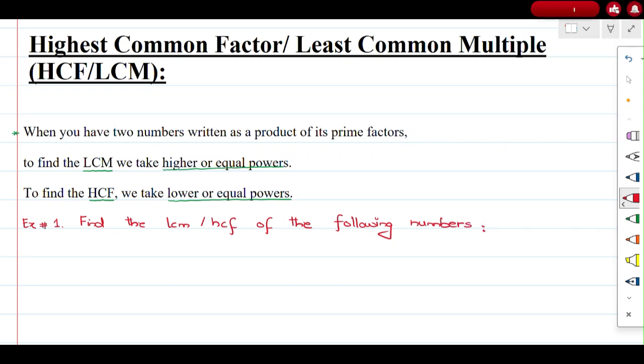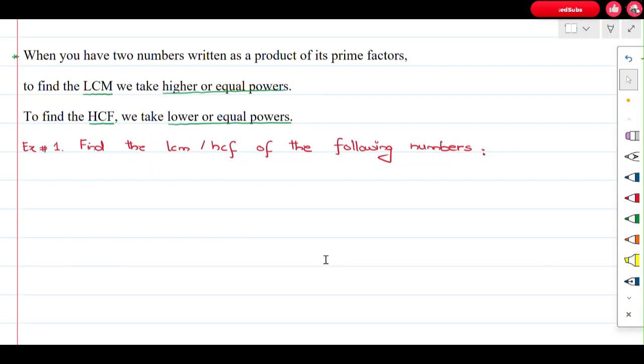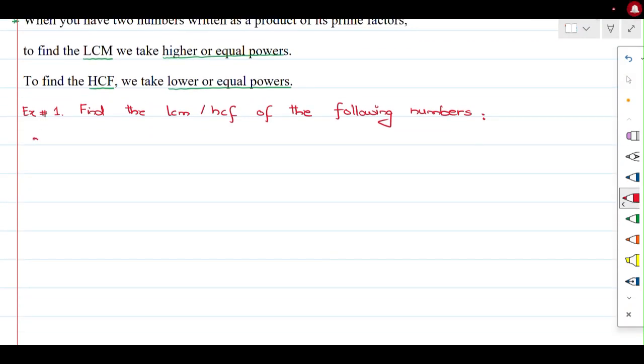All right. Now the first number is, let's say the example A. We need to figure out the LCM and HCF of 18 and 24. So for this, we need to figure out their prime factorization first. Figure out the prime factorization of 18, prime factorization of 24, and then figure out the LCM and HCF.